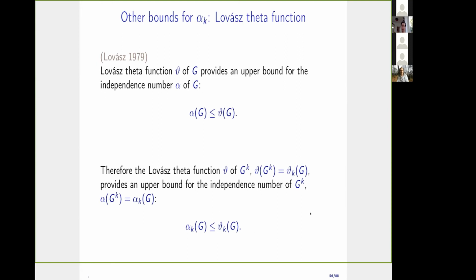That's why we are comparing with the Lovász theta function of the power graph. That's how we did the comparison in the previous table. And remember that the Lovász theta function just comes as the output of an SDP program.